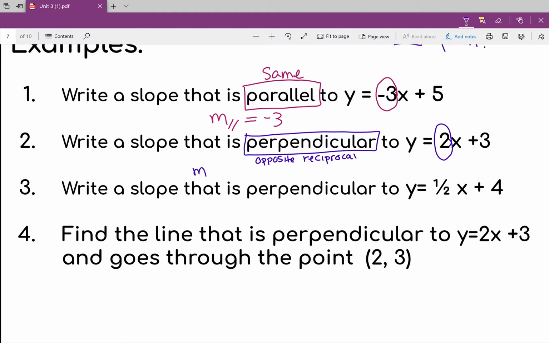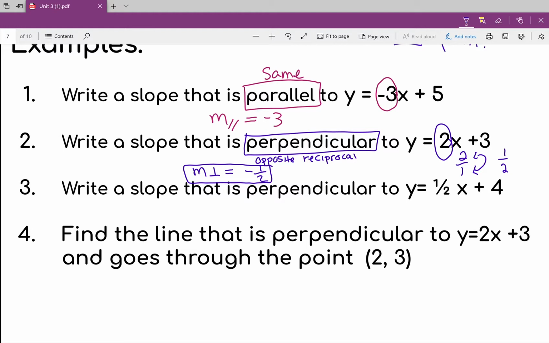So m perpendicular is equal to negative. That's the first step. And then remember, 2 can be written as 2 over 1. If I flipped 2 over 1, it would be 1 over 2. So our perpendicular slope is negative 1 over 2. That's our answer.